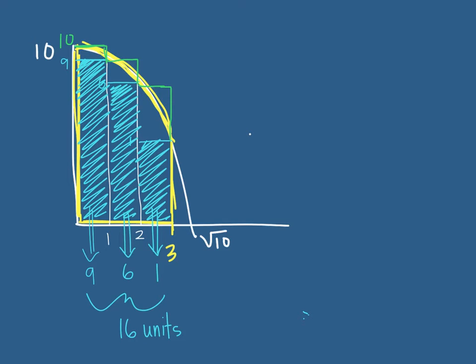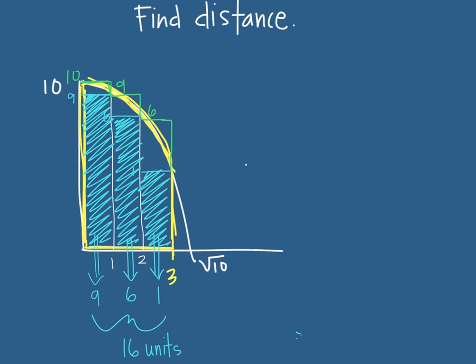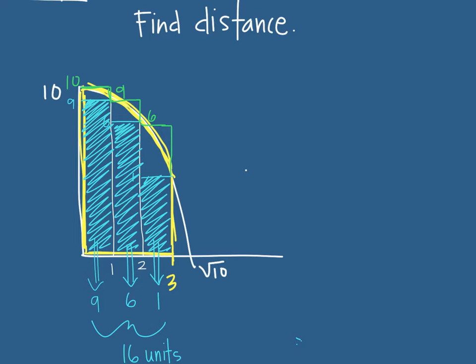How tall would the second rectangle be? It's level with the other one, right? So how tall would that be? 9. And then the other rectangle would be 6. All right, so those would have an area of 10, 9, and 6. So those together, 10 plus 9 plus 6, that's 25 units.